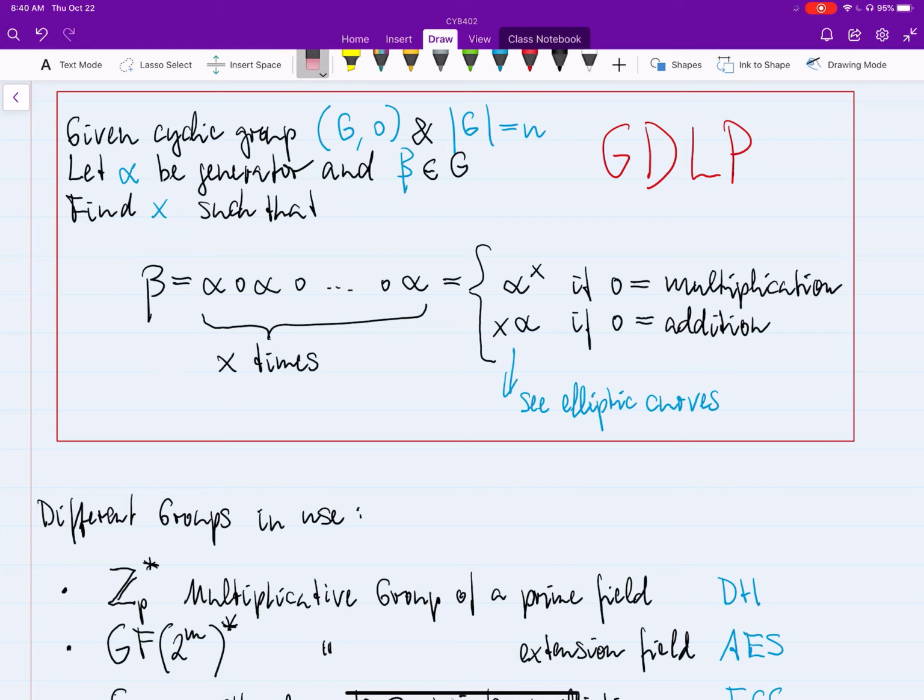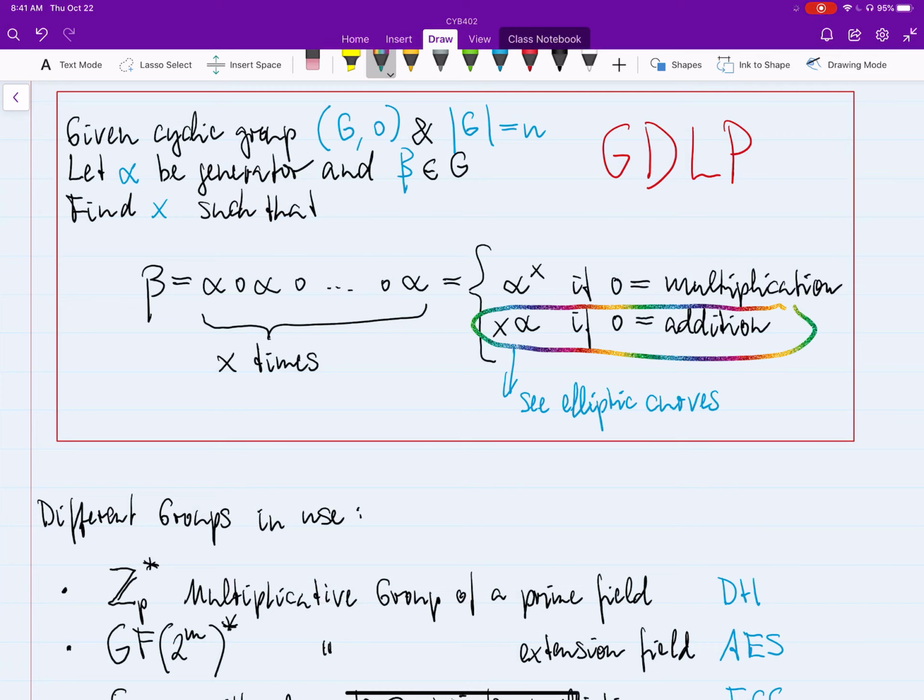Okay, so when we look back, if we had a cyclic group under multiplication, we computed alpha to the x, if the group operation donut was multiplication with modulo reduction afterwards. In a different scenario with a different group operation, we may actually have some sort of addition, and not necessarily what we mean by addition.